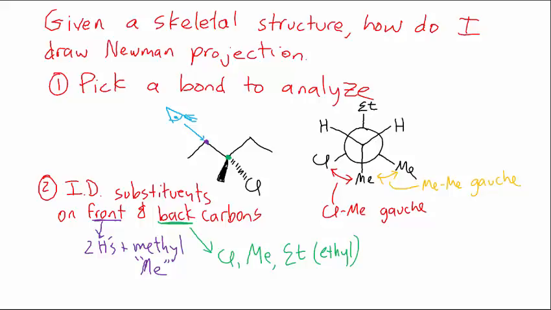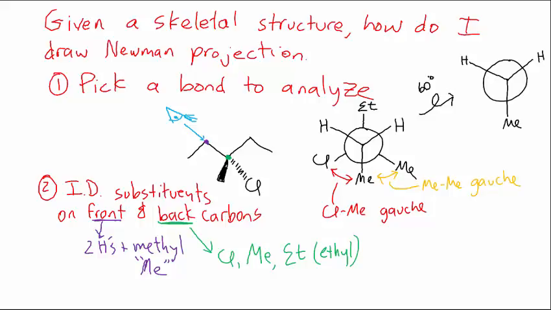So then, if I wanted to analyze this, if I wanted to then draw, okay, what's the next conformation? Well, I'd have to ask myself, am I considering the eclipsed ones too, or just the staggered ones? But I would start by drawing my front carbon substituents in the exact same spot. Let's say I was just going to rotate by 60 degrees.